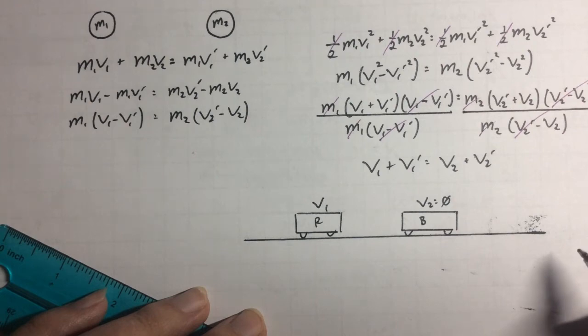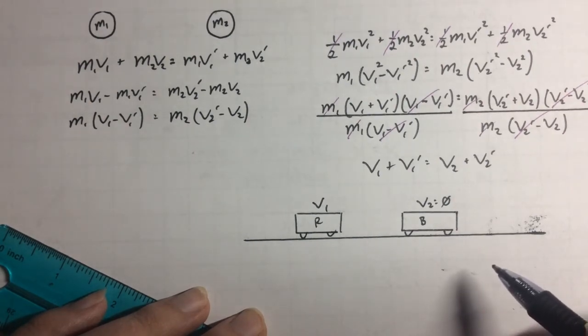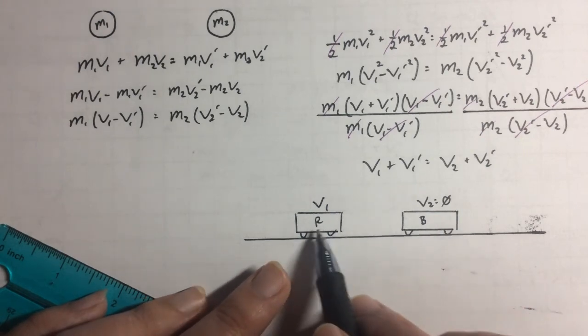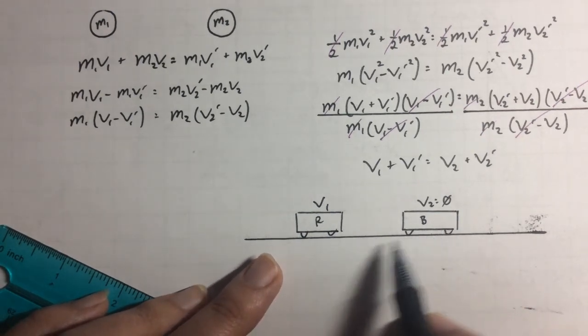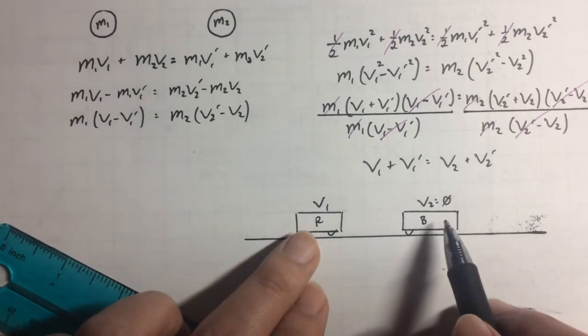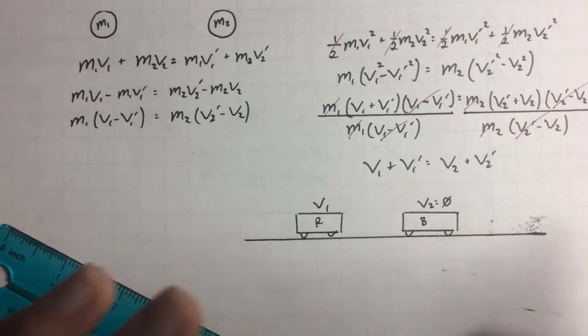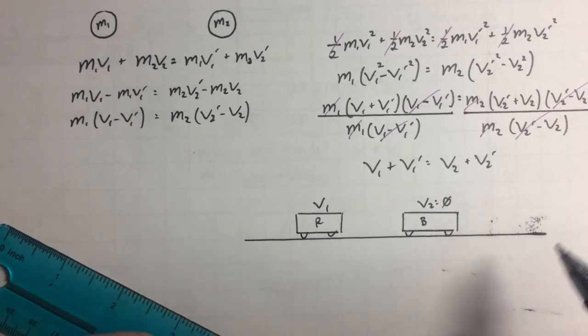And this is all due to Newton's third law, the equal and opposite forces. So the force to stop the red car is the exact same force to start the blue car, so it's going to have the exact same acceleration for the exact same time. And so really we should just see these velocities switch if it's a perfectly elastic situation, which in class we lose a little bit, but for the most part we keep it.